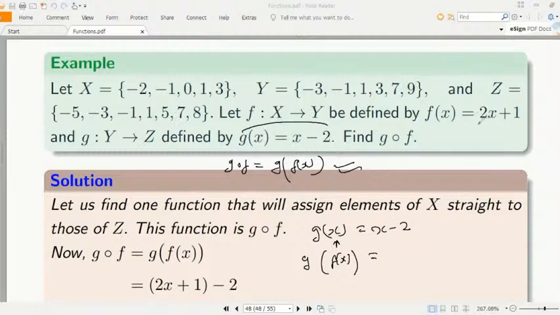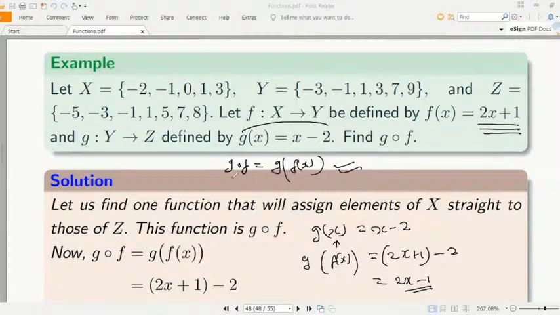This is our f of x, 2x. So there is an x here, so instead of this x, write f of x, 2x. Then minus 1. So this becomes 2x minus 1. This is our composition function, or our composite function.